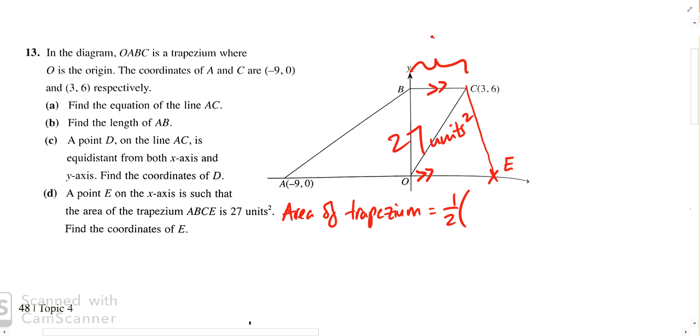The length over here is simply 3 plus, now the length from A to E we do not know. Okay, so let the coordinates for E be, for example, x, and the y coordinate will be 0 since it lies on the x-axis. So in this case, the length of the longer parallel side will be x minus negative 9.